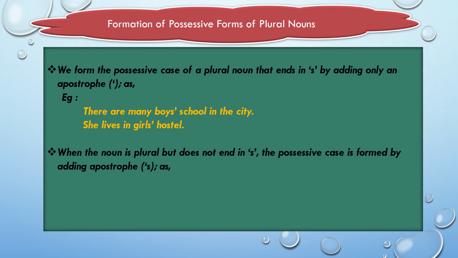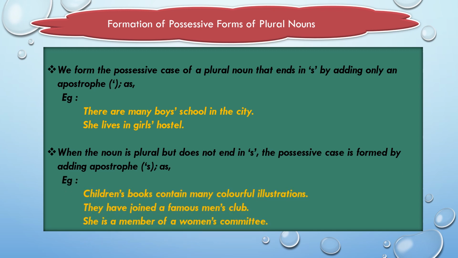Another thing, when the noun is plural but does not end in s. See, many plural nouns are there, no? That don't have s at their end. They don't end in s. So, in that case, the possessive case is formed by adding apostrophe s. Okay? As it is given in the example, see, children's books contain many colorful illustrations.